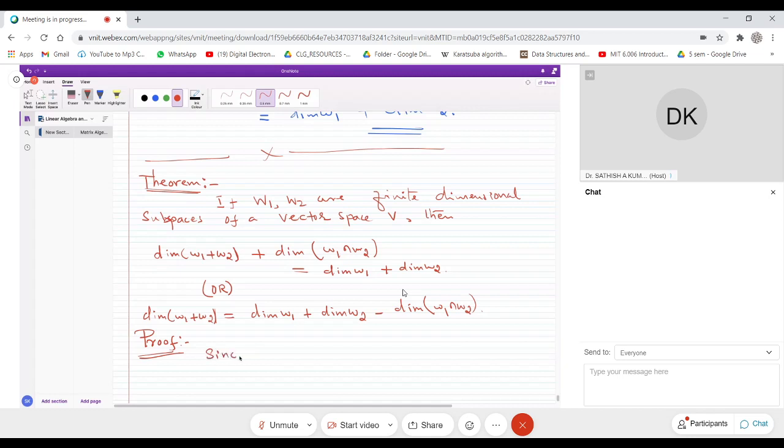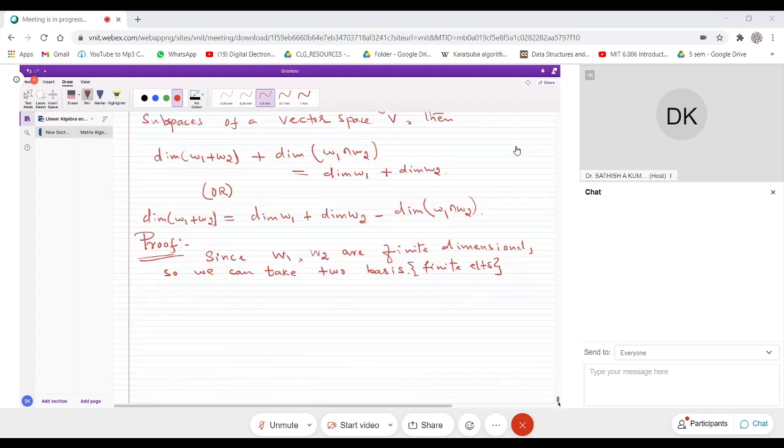Since W1 and W2 are finite dimensional, we can take two bases with finite elements. Of course, that is not required because we are dealing with finite dimension only.